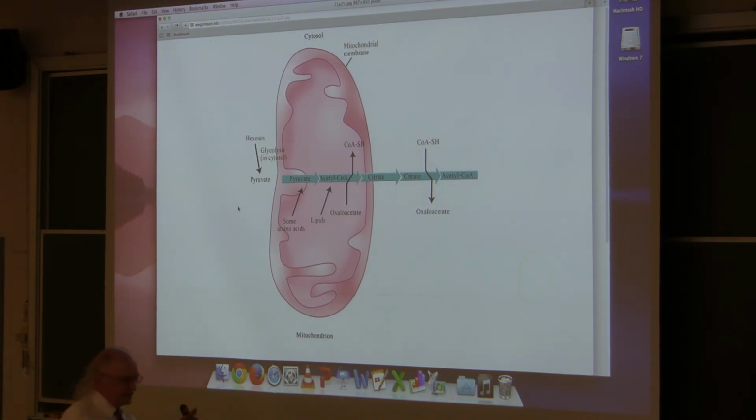When does fatty acid synthesis occur? Okay? Well, fatty acid synthesis is going to occur when the cell has lots of energy and when the cell has lots of NADH. Okay? So we talked about respiratory control the other day, and I painted a picture for you about what happens when I'm out in my backyard, sitting in my chaise lounge, drinking beer, eating pizza, and watching the world go by.